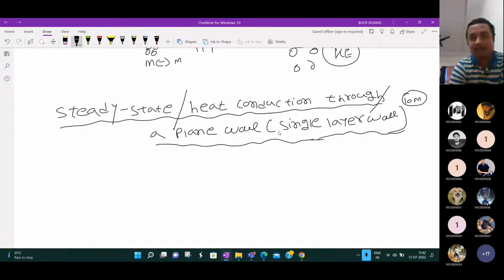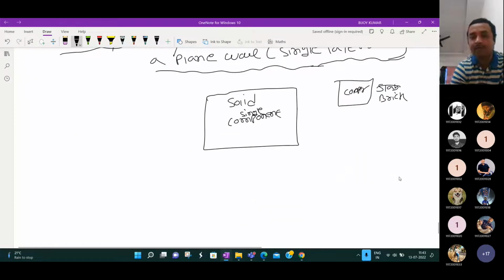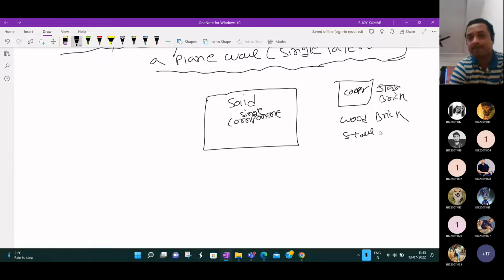First thing is a plane wall or single layer wall. Single layer wall means what? This is a solid material made up of a single component. The example is copper: one copper slab or brick, or a wood brick, or a steel brick.